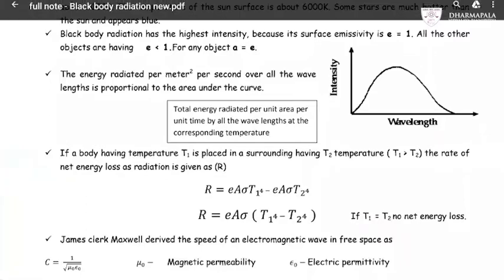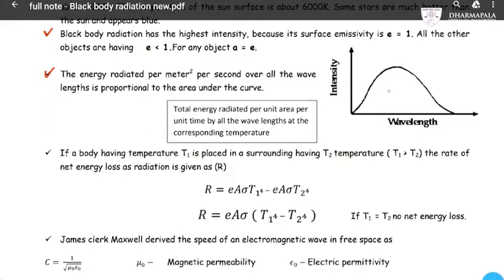Then the next part says the black body radiation has the highest intensity because surface emissivity is 1. All the other objects have surface emissivity less than 1. For any object, A is equal to E. The next one: the energy radiated per square meter per second over all the wavelengths is proportional to the area under the curve.